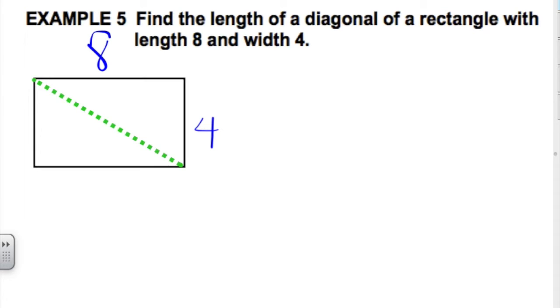Now, because it's a rectangle, I know my angles are going to be all right angles. So I know I'm going to use Pythagorean Theorem to solve for the length of that diagonal.